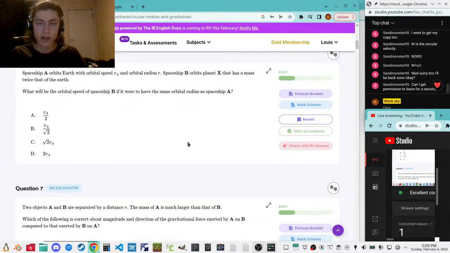Spaceship B orbits planet X that has a mass twice that of the Earth. What will be the orbital speed of Spaceship B if it were to have the same orbital radius as Spaceship A?